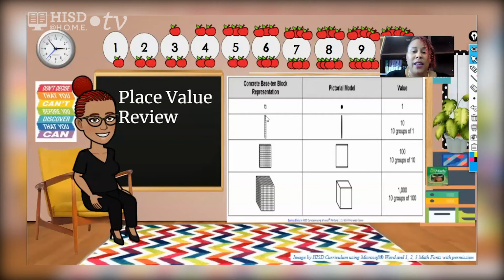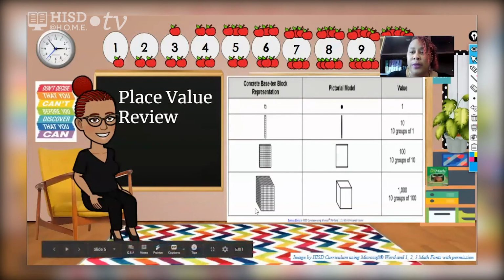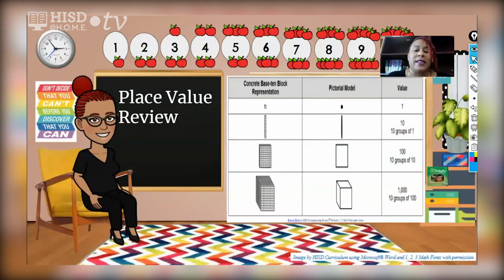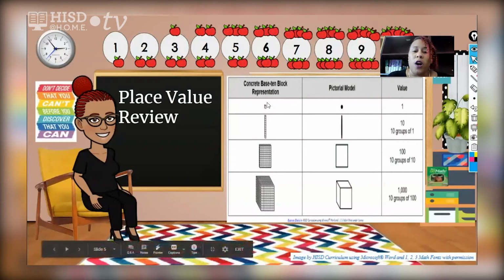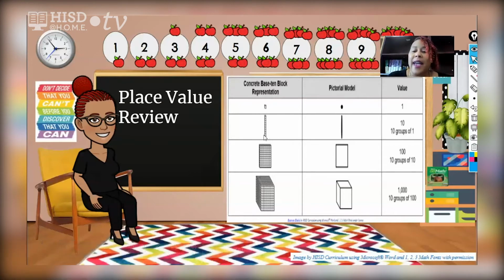So this one stick equals 10. When we see the flat square, it is representing 100. And boys and girls, when you go on to second grade, you will see this cube, and it is representing 1,000. But for today's lesson, we will be looking at our ones, tens, and 100s.